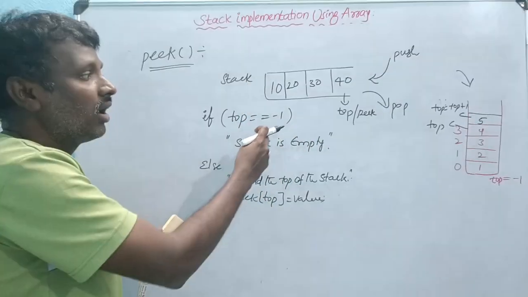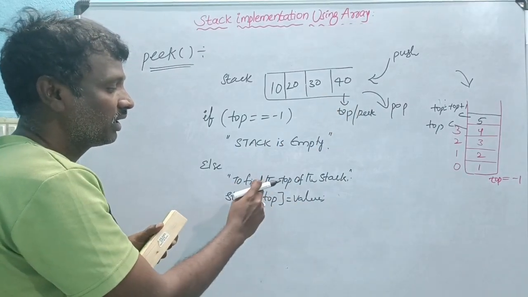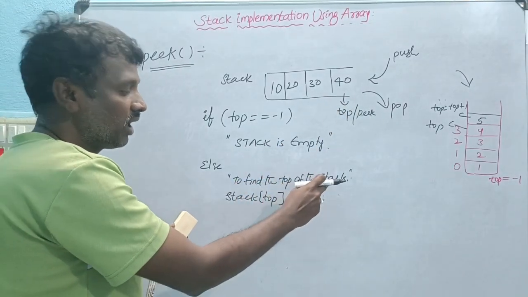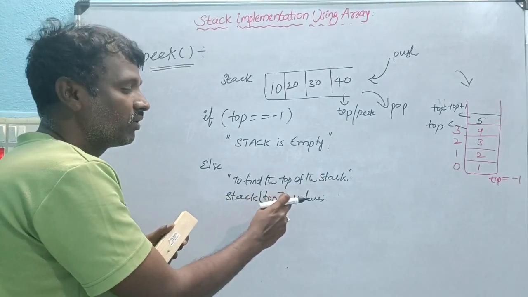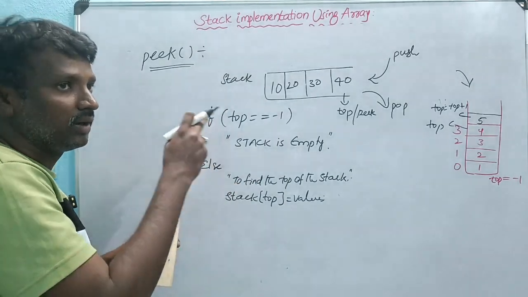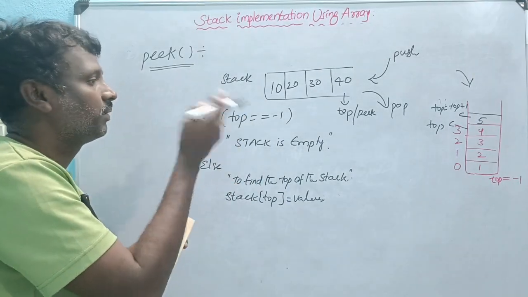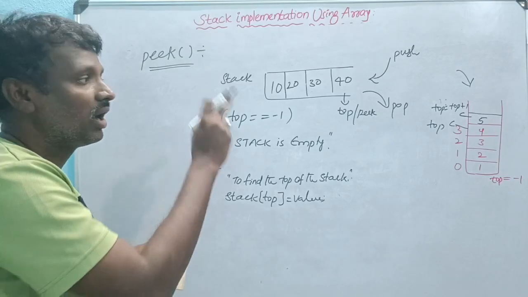So here we represent it to find the top of the stack, as stack of top equal to value. This is the simple procedure of the peek operation, implementation of stack using array.